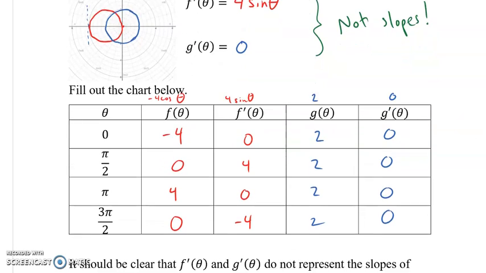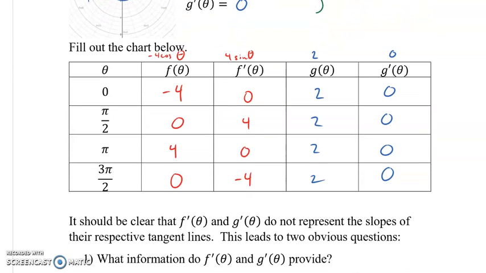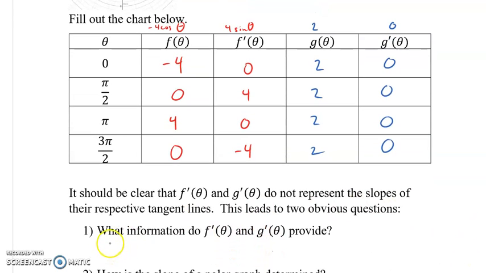So why not? And also, what are they, right? So I think that maybe a way to answer this question is to use the other notation, the Leibniz notation, instead of using primes. Remember that for the red one, r equals -4 cosine theta. F prime of theta is the same thing as dr d theta.